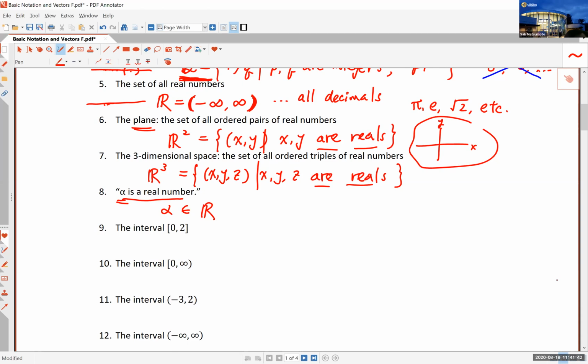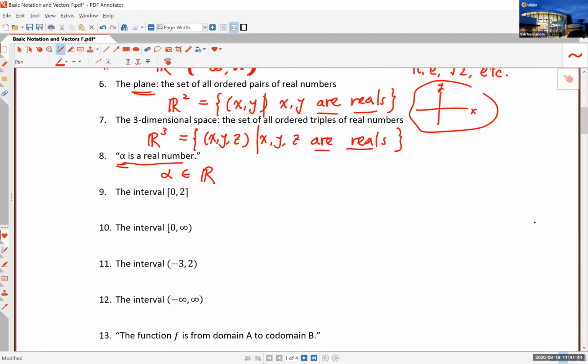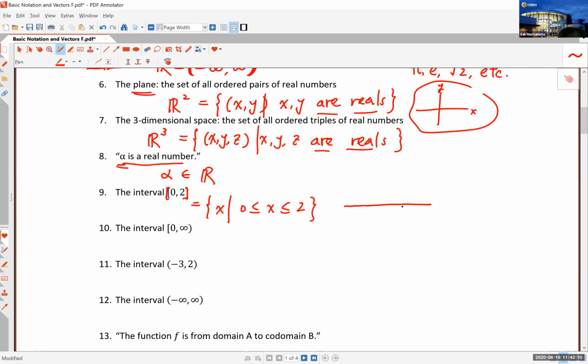The interval, okay, so the next few are intervals. You know what this means, right? When you have these square brackets, this interval is the set of all reals between 0 and 2, including both endpoints. And so you can also describe this using a graph, 0 and 2.